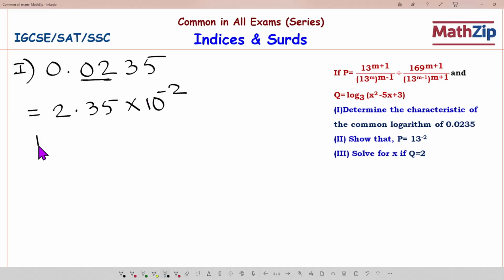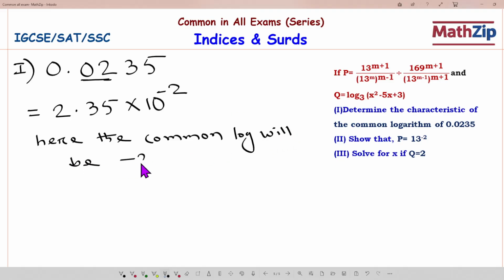And here the common logarithm, log, will be minus 2. It means this one.